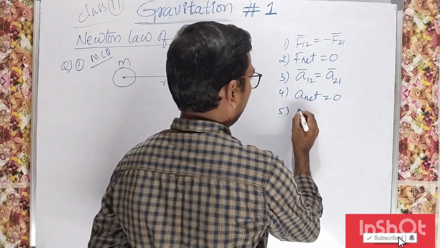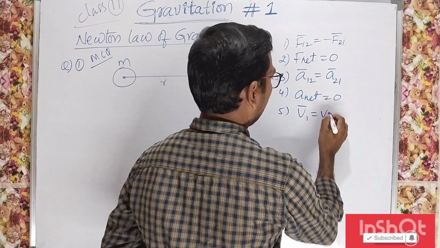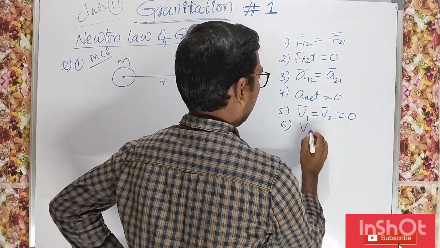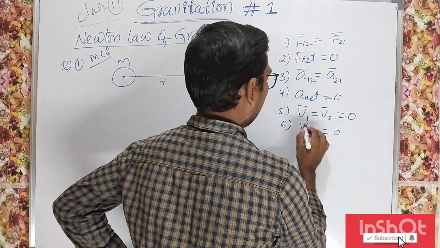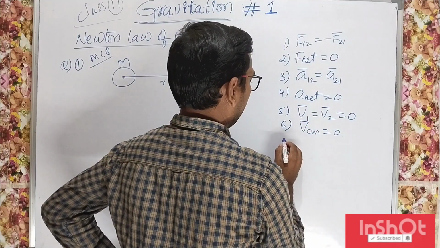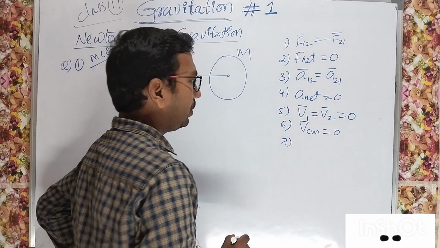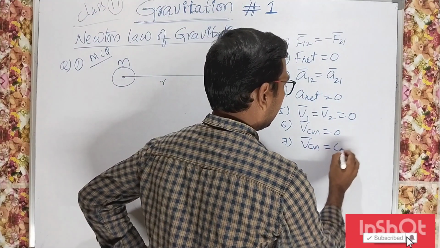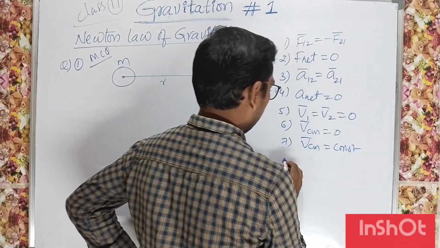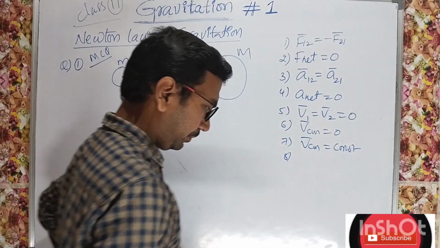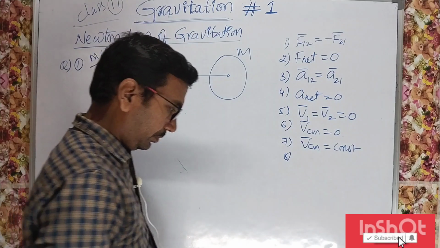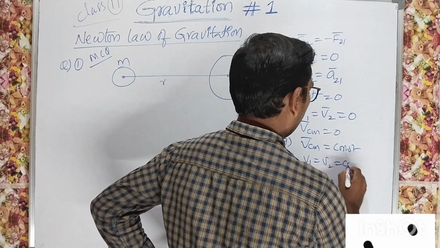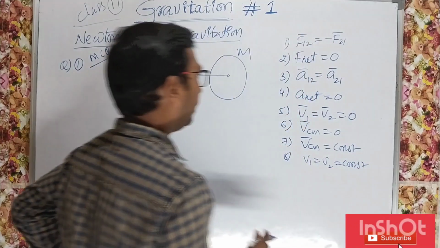Fifth one, V1 bar is equal to V2 bar is equal to 0. Sixth one, VCM is equal to 0. Seventh one, VCM is equal to constant. Eighth one, V1, V2 is equal to constant. So we can discuss one by one now.